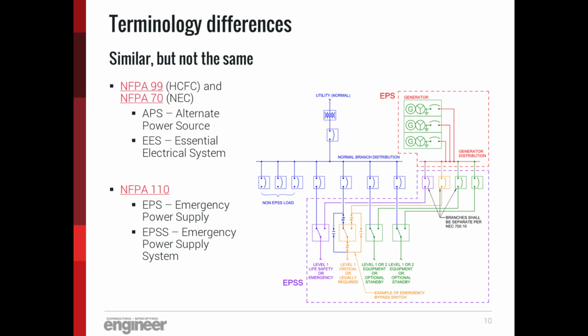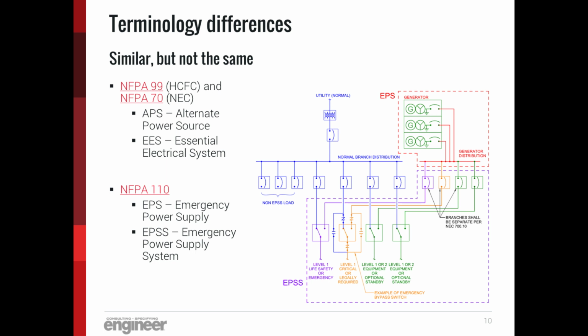An alternate power source could be one or more generator sets on site, could be one or more battery sets on site.